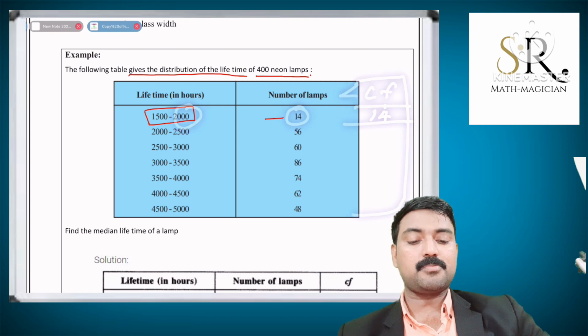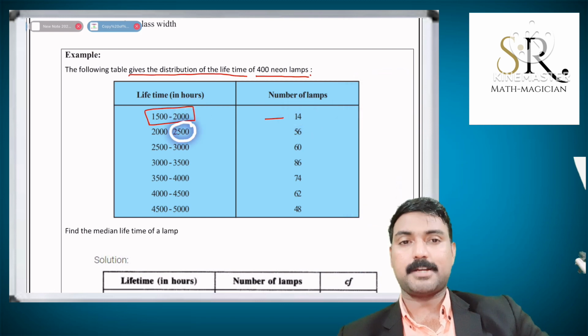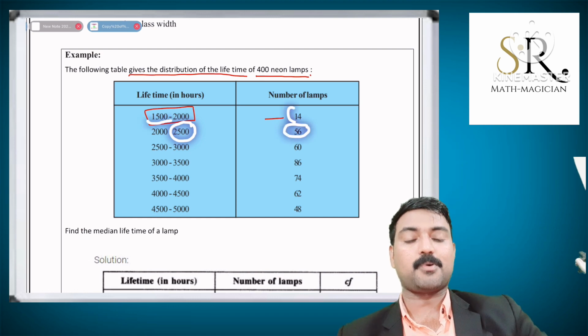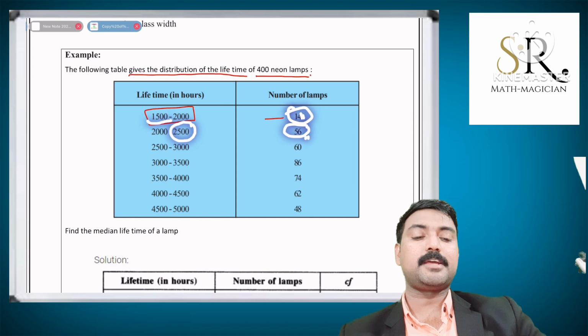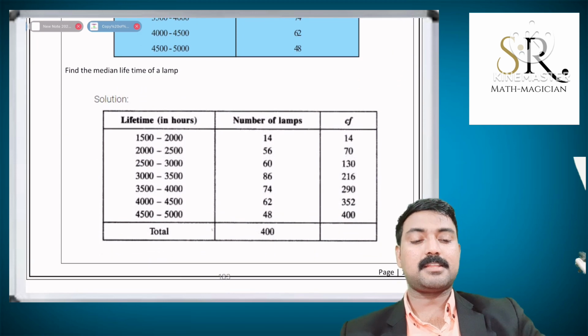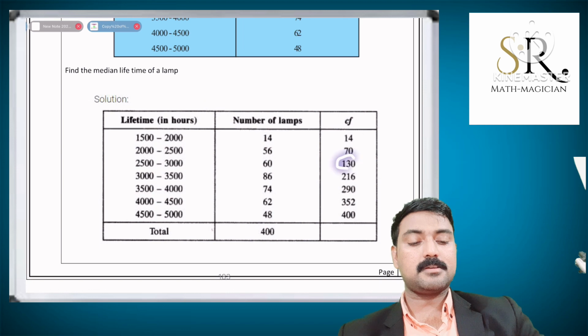Below 2500 means this 1500 also is there, so total 56 plus 14. These two we are adding together, and we get the less than cumulative frequency up to this class. In this way, 14 plus 56 is 70, plus this 60 also, adding 130.